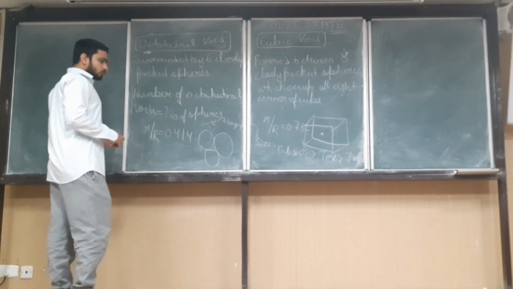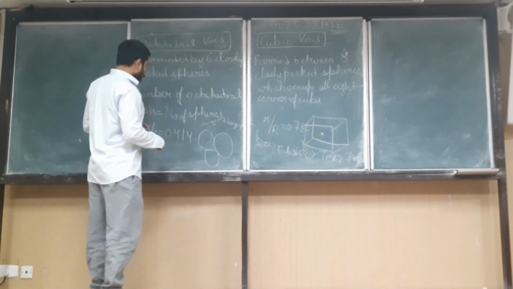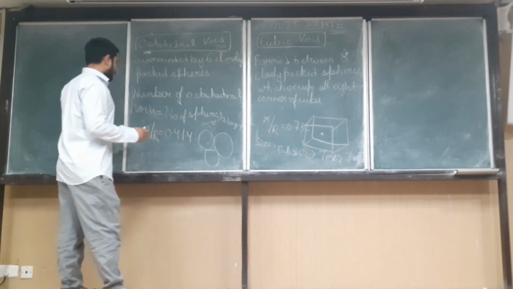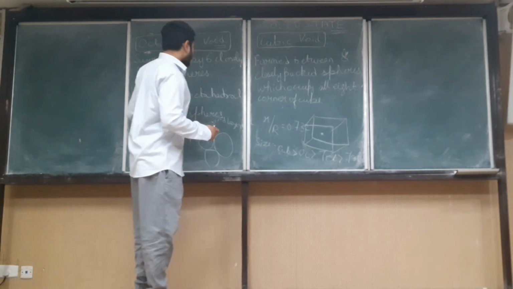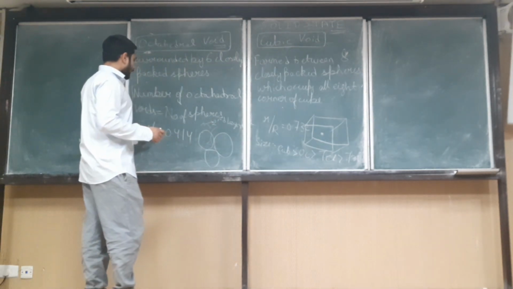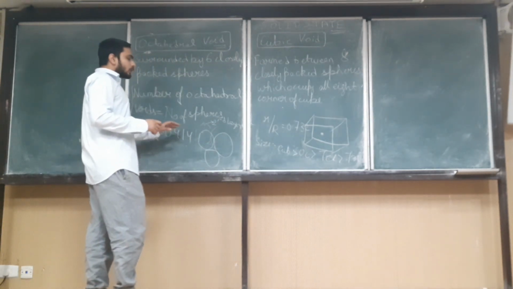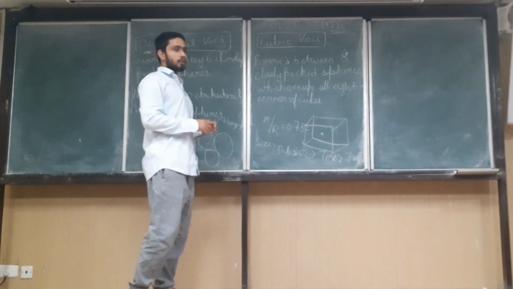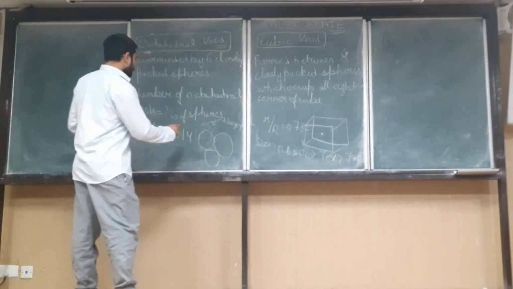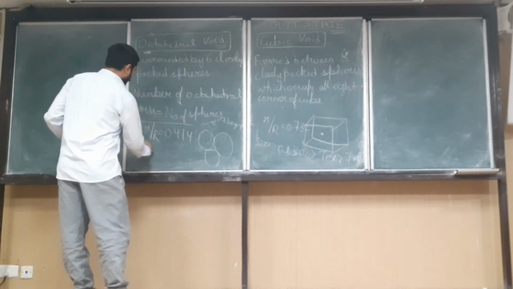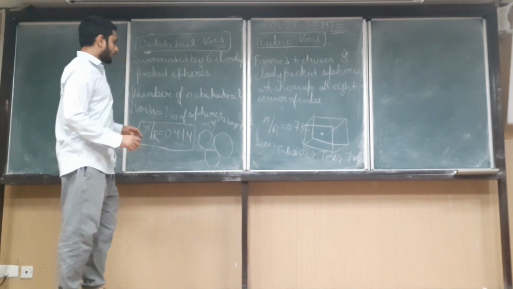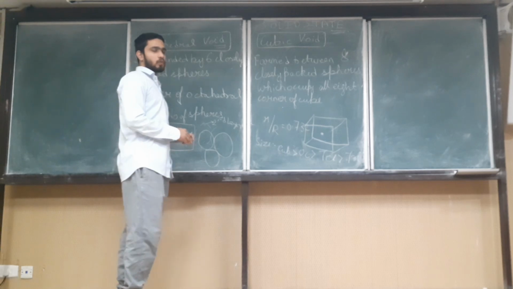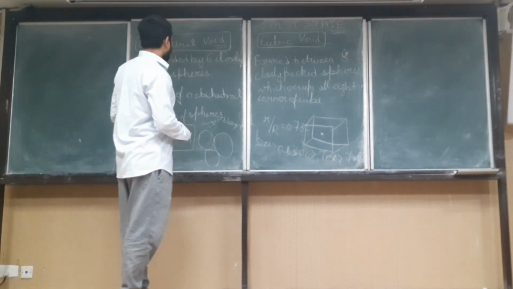And the radius of this octahedral void and the radius of the spherical atoms are related by small r by capital R is equal to 0.414. So this is the relation between the radius of the octahedral void and the radius of the atoms which are involved for forming the octahedral void.